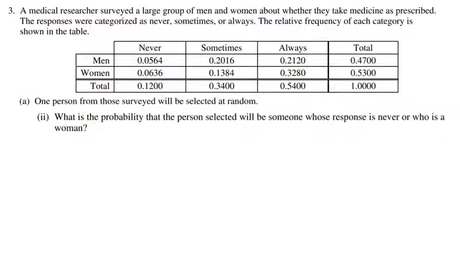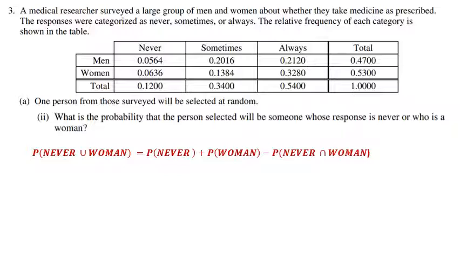All right, number 2. What is the probability that the person selected will be someone whose response is never, or who is a woman? We can use the symbol union, or, to represent this, so we want the probability that the response is never, or that the person is a woman. We think of it as or, meaning addition. So we want the probability of never plus the probability of a woman, but we need to also subtract away the probability that they're both.